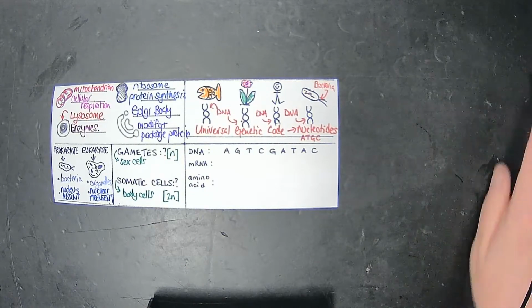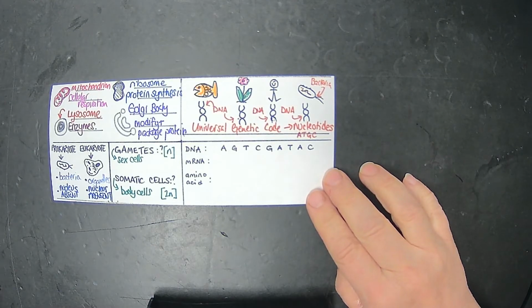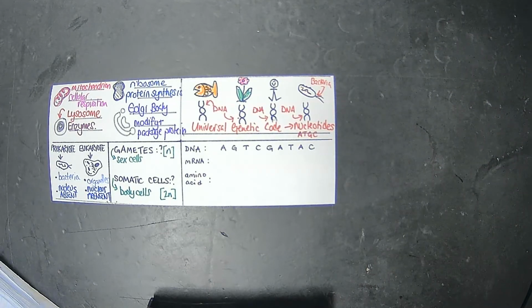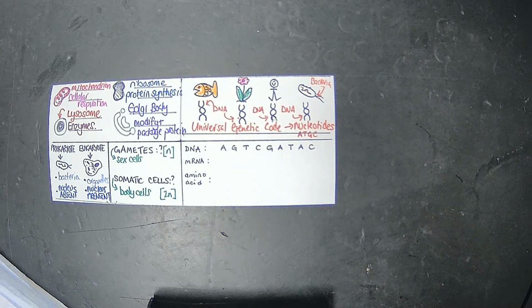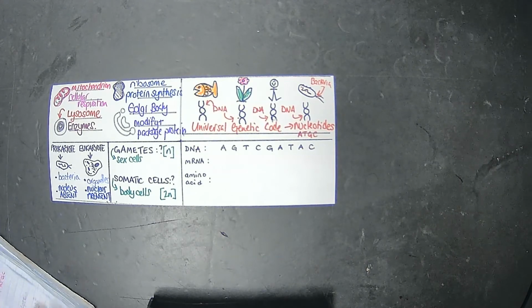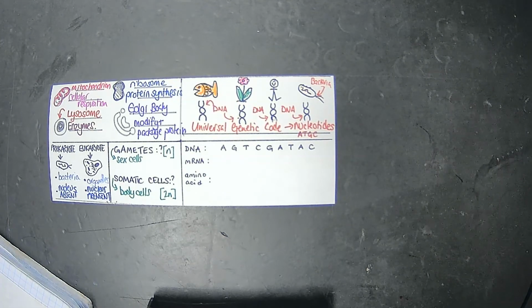Speaking of which, in this next section here, this should be pretty straightforward. This is all about protein synthesis, and the only thing that I do not have on my review here is my codon chart, which I'm searching through here to get hold of, and there we go.